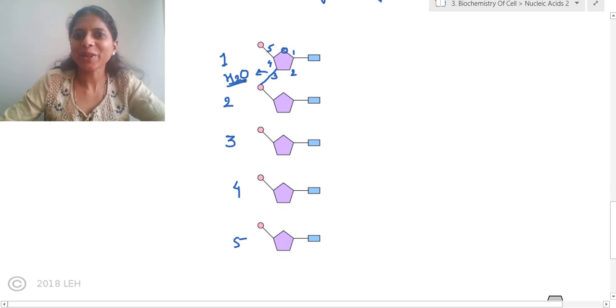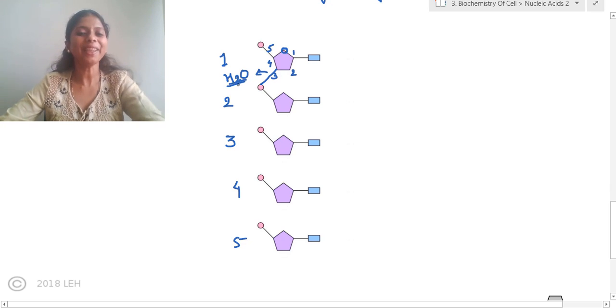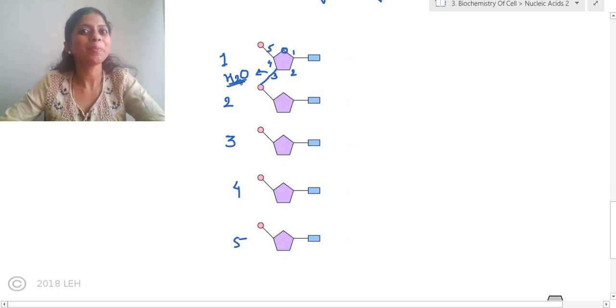What are these bonds called? Or what is this process called? The process is called dehydration synthesis. So a new bond is synthesized by the removal of a water molecule. The process is dehydration synthesis.